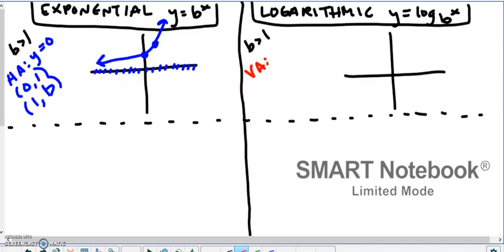And instead of the line being y equals 0, we're going to have x equals 0. And that's everywhere here on the y-axis. There's my asymptote. And instead of a point at 0, 1, we're just going to flip the x and y, and we're going to have a point at 1, 0. And instead of a point at 1, b, we're going to have a point at b, 1.